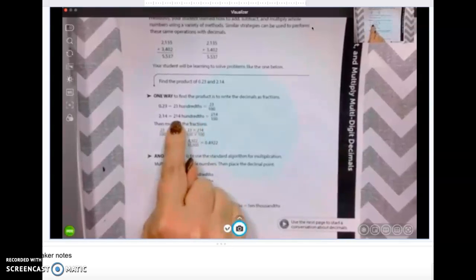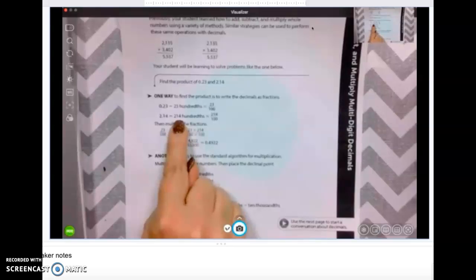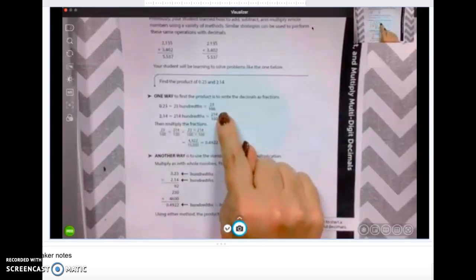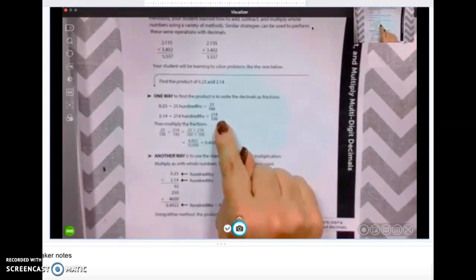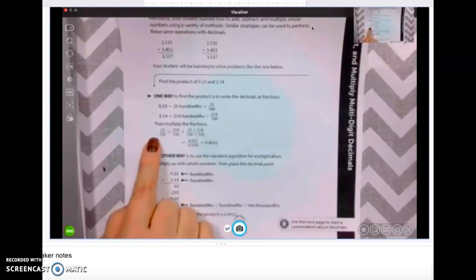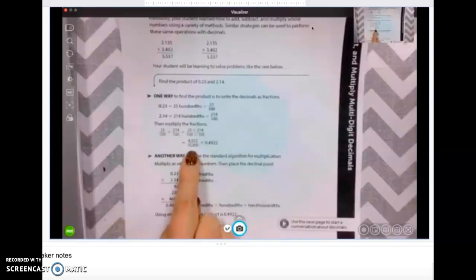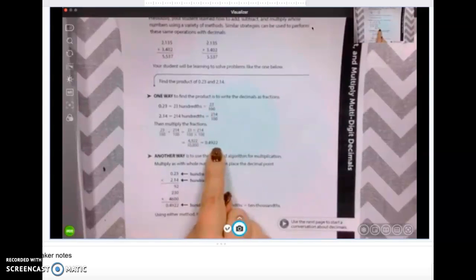That's the same thing as 214 hundredths. So that's why we have 214 over 100. Then we can multiply these two fractions out and then divide and get our decimal.